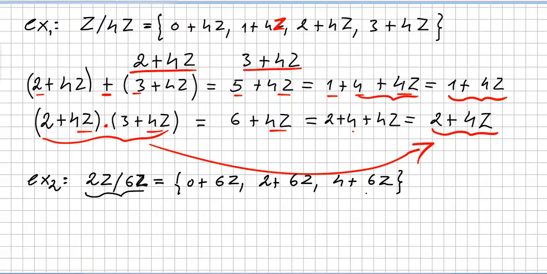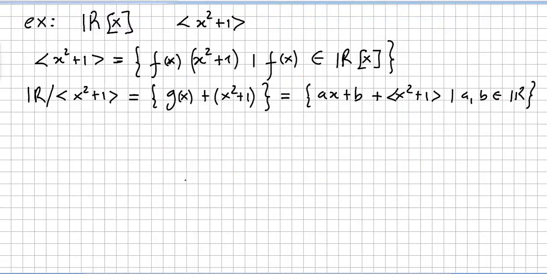Essentially the operations will be modulo 6. You can check that this factor ring is isomorphic to C3. And here we have a last example.